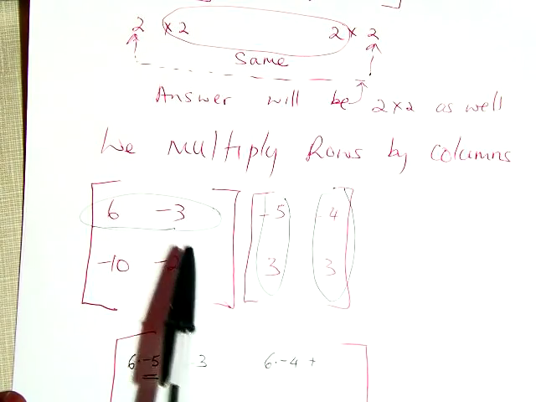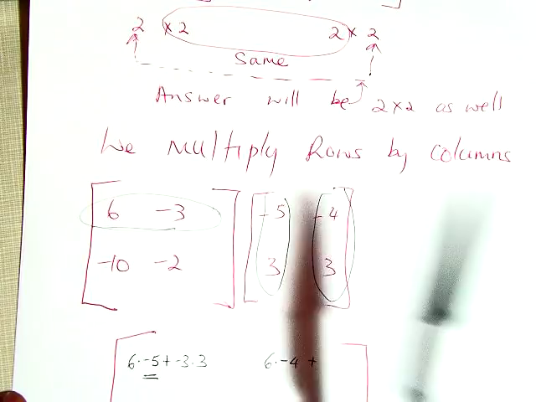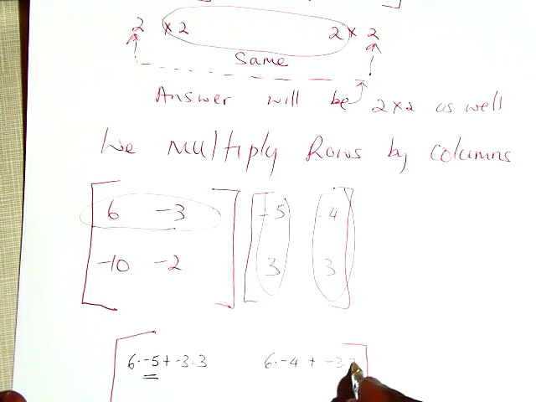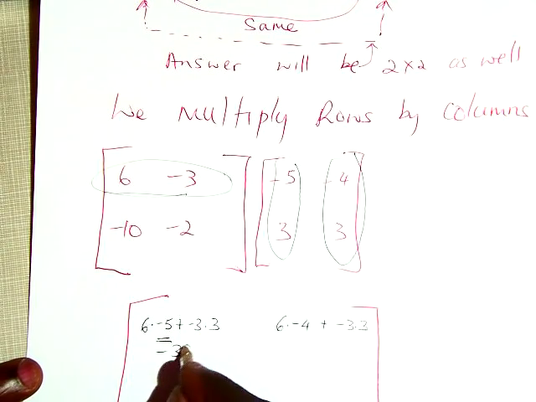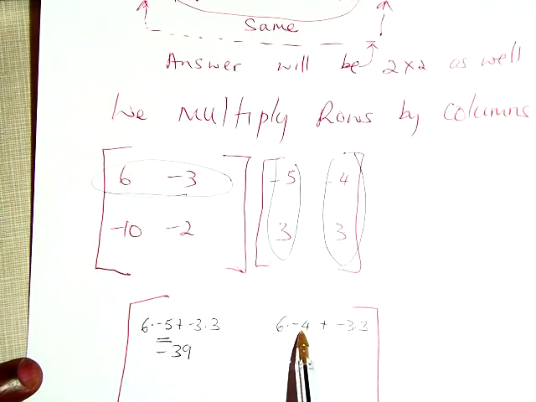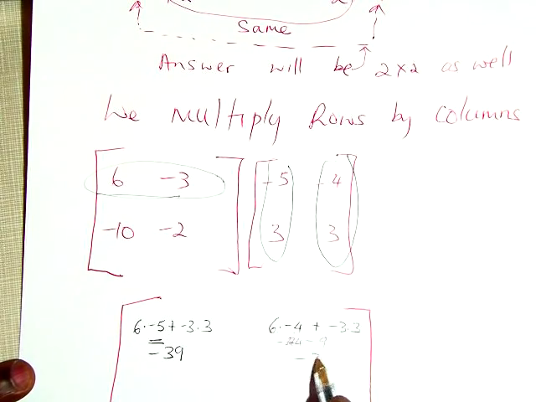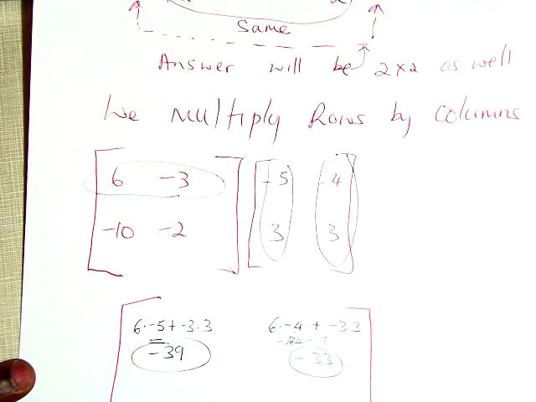I'm going to add -3 times -3. And that answer is going to go there. And this is what? -30 minus 9, which is -39. And this is what? -24 minus 9, which is -33. So that value goes there, that value goes there.